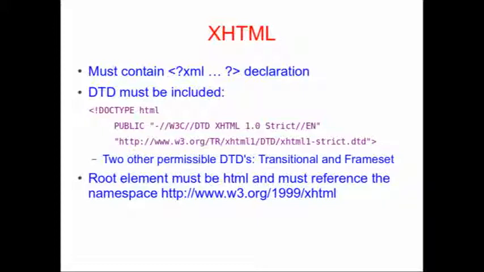There's the XHTML strict, as shown here, the XHTML transitional, and the XHTML frameset. In addition, the root element must be HTML, and it must reference the namespace at the URL shown here. And that namespace describes each of the tags, the attributes that could be associated with the tags, and the content of those tags.